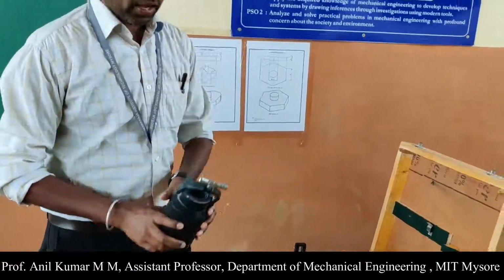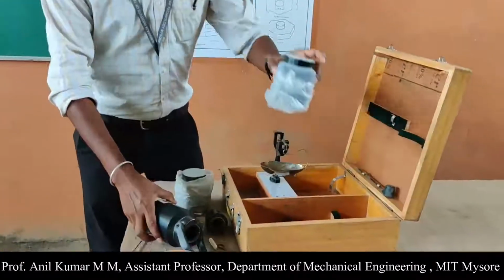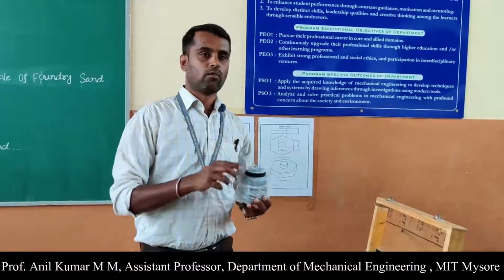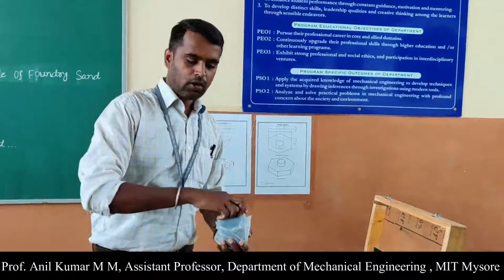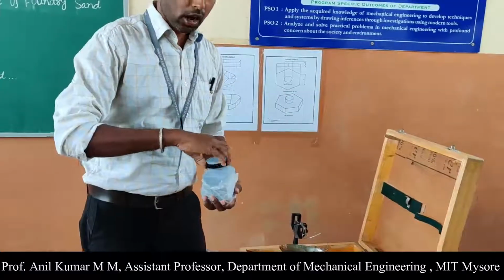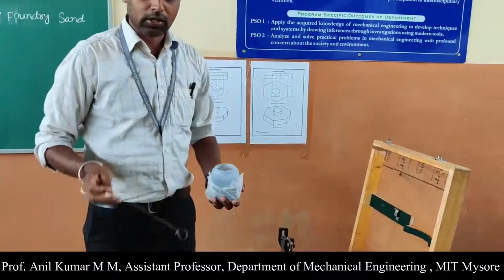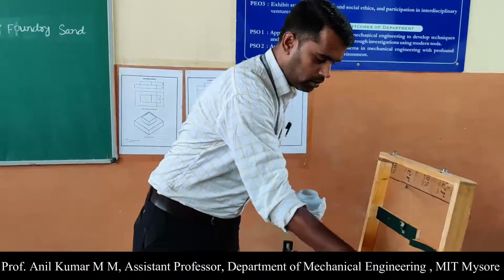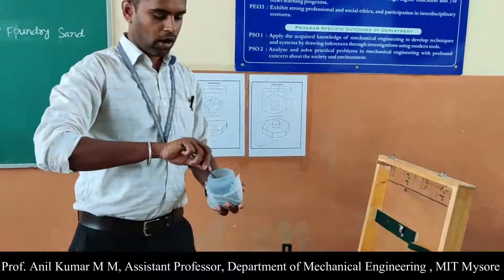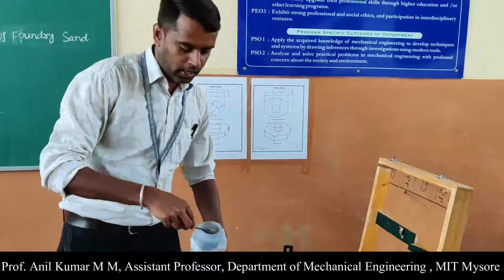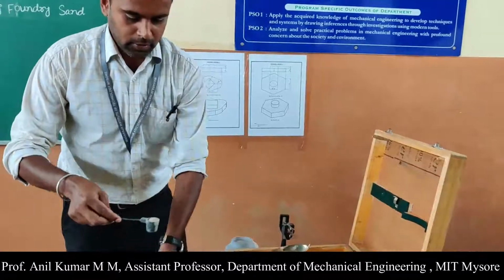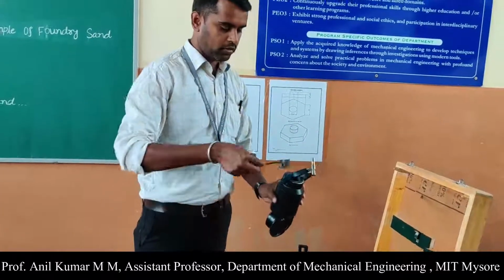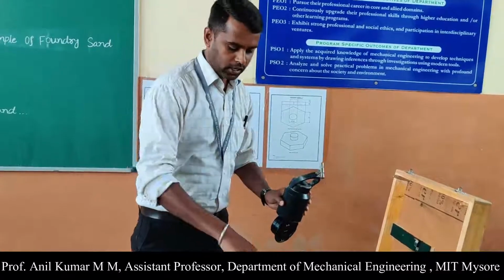The next step is adding the calcium carbide. This chemical has the special characteristic that it reacts with moisture or air. Now I am adding 2 spatulas of calcium carbide into the container.